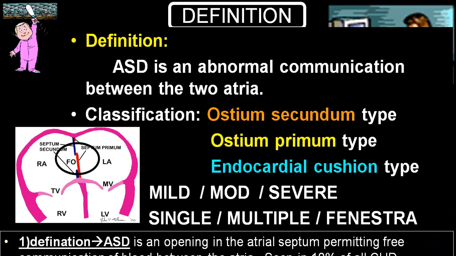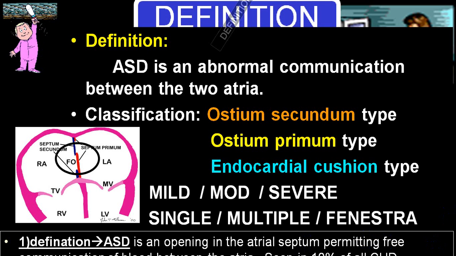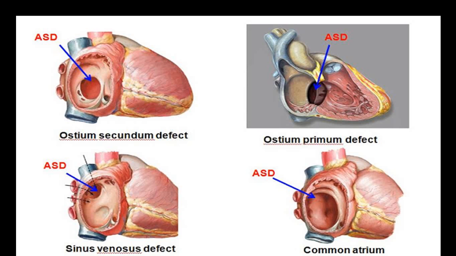Because the left atrial pressure is more, the blood will flow from the left atrium into the RA, and that's why this is also called a left to right shunt. So these are the different types of defects you come across. This is ostium primum, this is ostium secundum, which is in the center part, or you have a sinus venosus defect, which will be in the top part close to the superior vena cava.